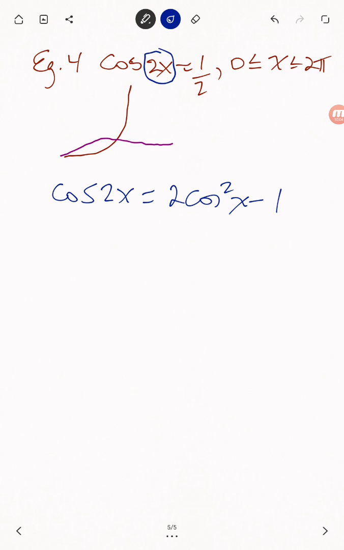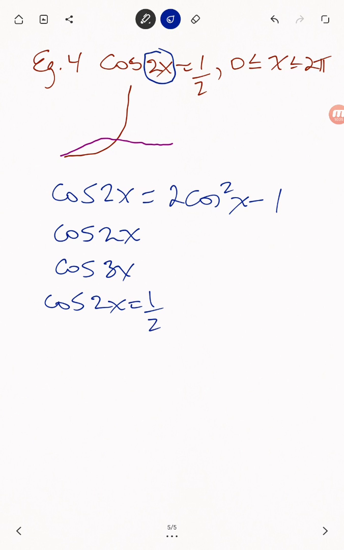I'm going to not replace it because there are situations where you can't replace with an identity, where you have a double angle or possibly even a triple or quadruple angle, like 3x or 4x. So I want to show you how to do that. So we're just going to do it straight from this equation.